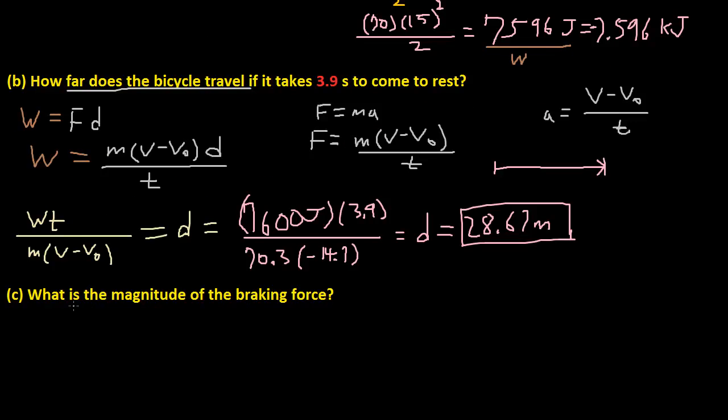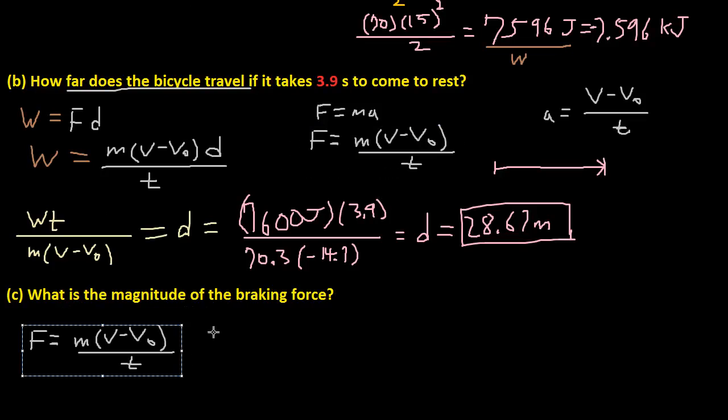Part C is asking, what is the magnitude of the braking force? All we have to do is plug it into the equation here. We have our mass of 70.3, times v minus v naught, which is negative 14.7, over time. Oh, where'd it go?